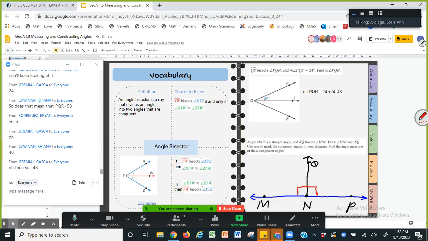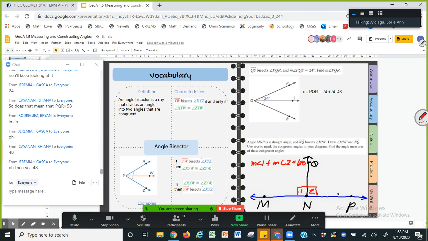Okay, find the angle measures of the congruent angles. So just like what we said earlier, if this is angle 1 and this is angle 2, see what I'm doing? I don't want to name them using 3 letters, so I write the numbers inside so that I can use that instead. So measure of angle 1 plus measure of angle 2 is going to be equal to 180 total because the blue one is a straight angle.